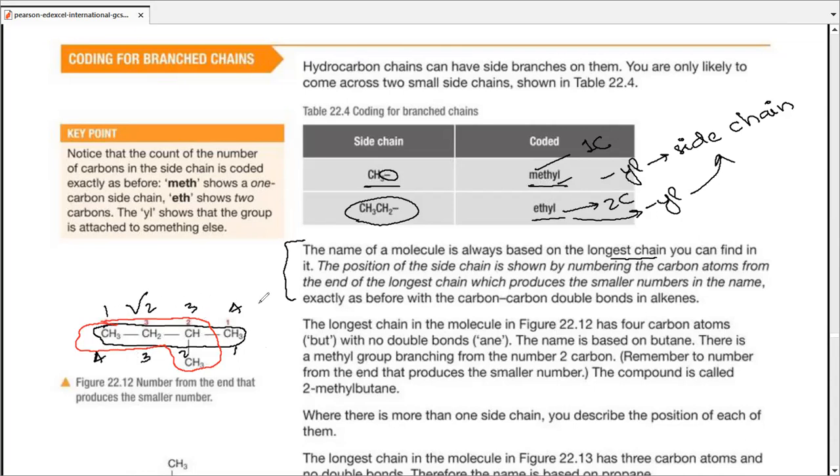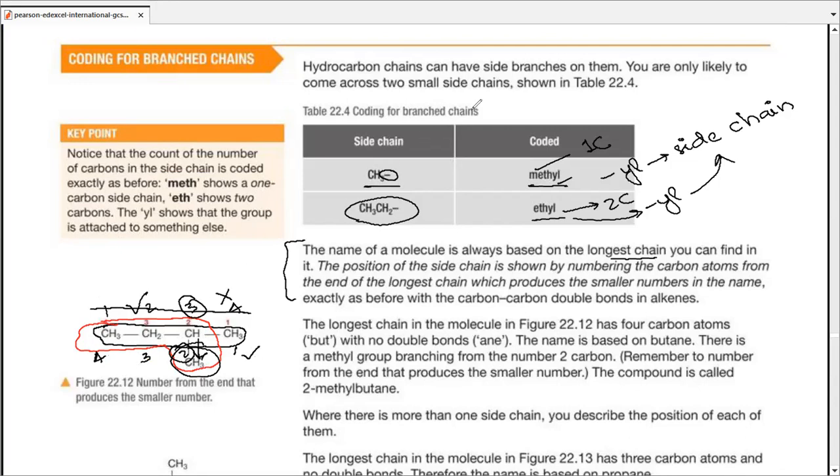If you number it from the top, this is the carbon atom where the branch is located. If you number from the bottom, this is the number of the carbon atom at which the branch is located. This is the branch. So number 2 is a smaller number than number 3. So this kind of numbering is wrong, and this kind of numbering is correct.